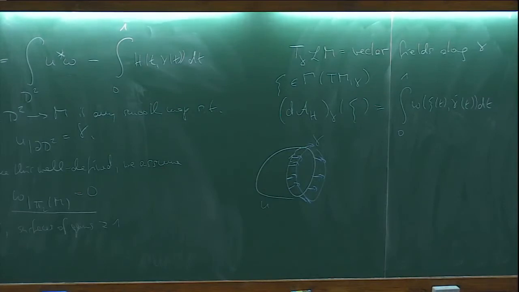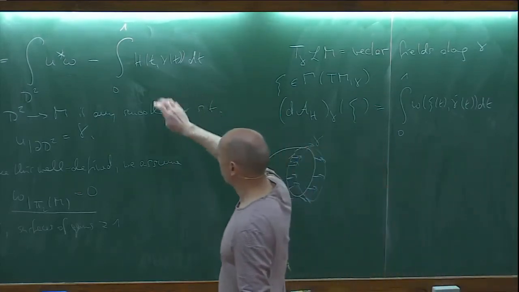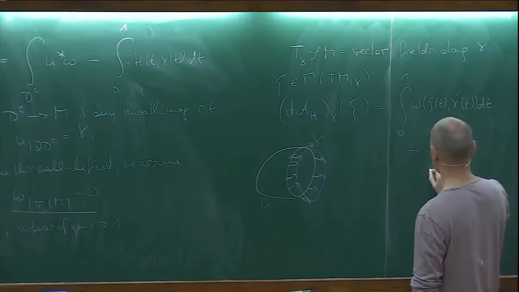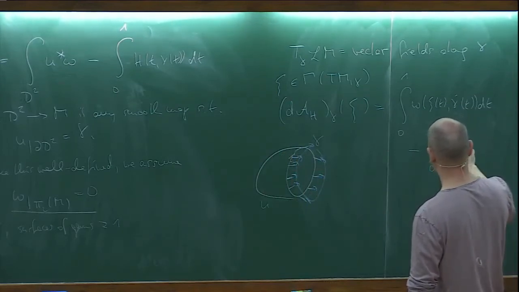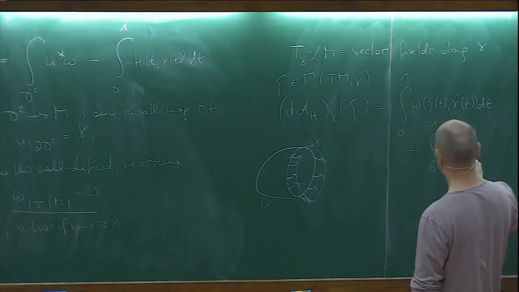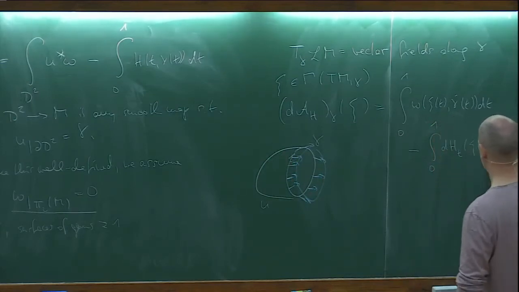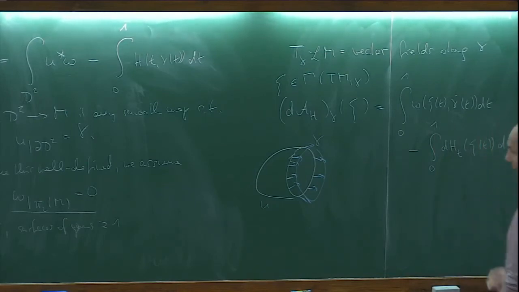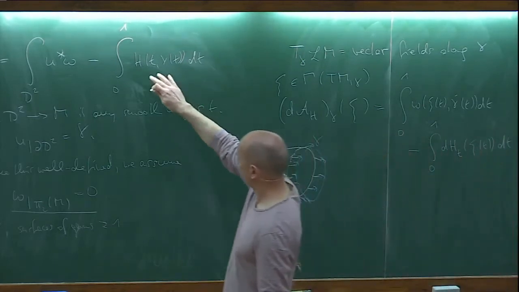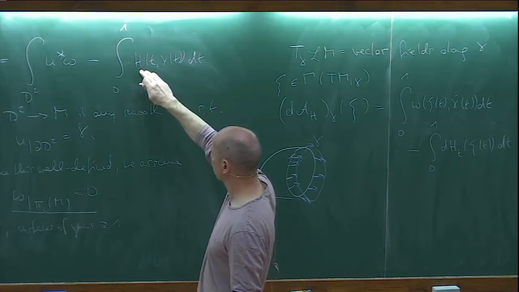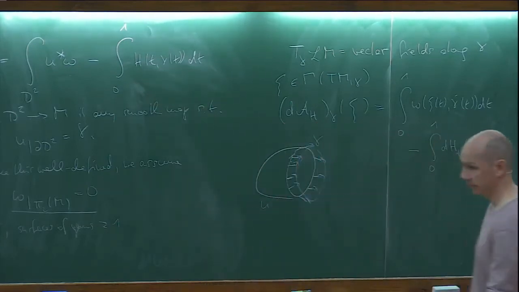For the other term, a similar argument says the differential takes the form of dH_t on C(t), and I integrate that. Again, to understand what the difference of these integrals is, I want to understand how the integral changes pointwise, and that's what this tells me. And then I integrate that.